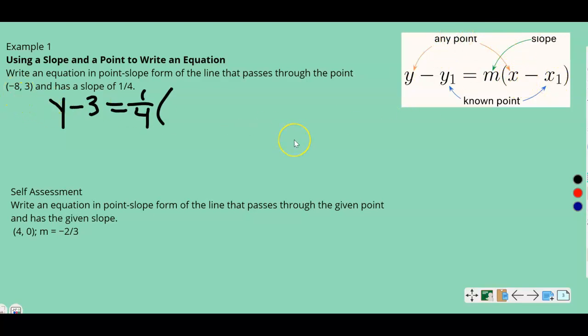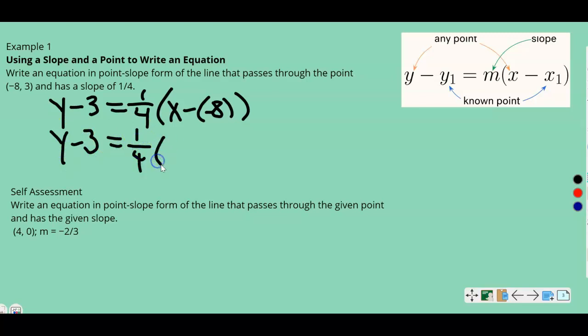So x minus, and then -8. All right, so we can shorten this a little bit. So y minus 3 equals 1/4 times x plus 8. So if you have a minus a -8, that's going to turn into a plus.